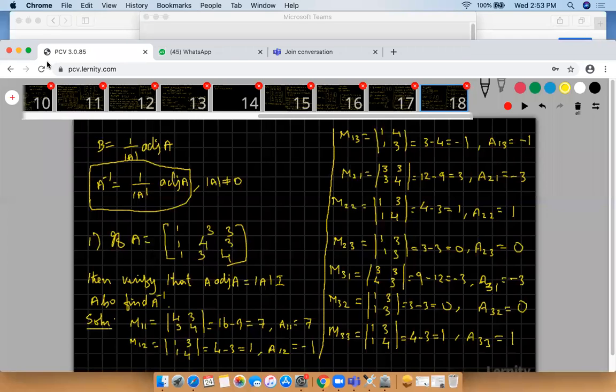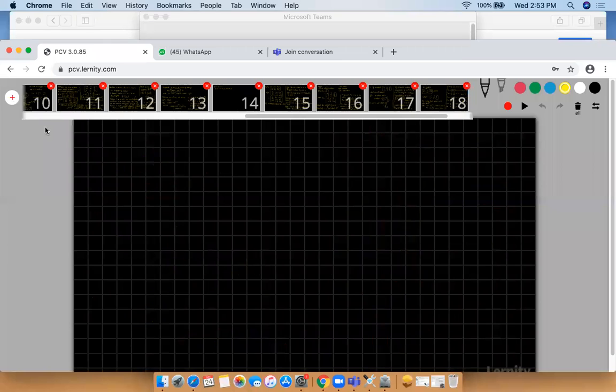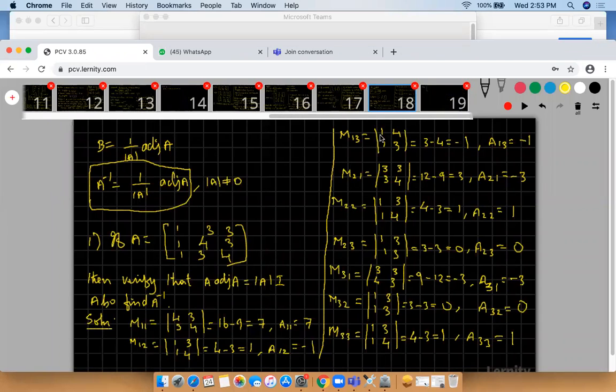So therefore, what is your adjoint of the matrix? Look at that, your A11, A12 is 7, minus 1, minus 1.